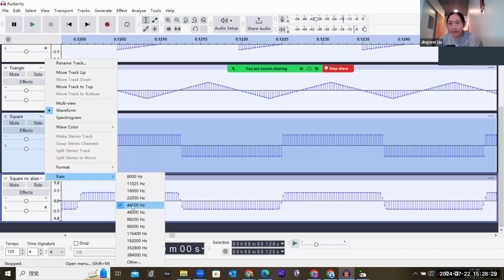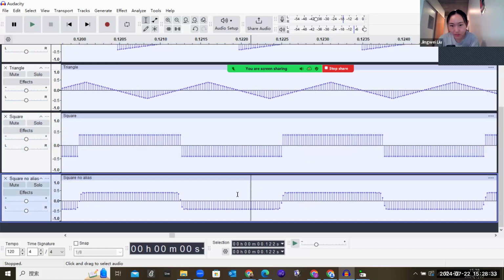So in this function, it eliminates all the upper harmonics above 22050, half of the sampling rate, which now creates a square wave without the upper frequencies folding over, which eliminates the Nyquist limit.